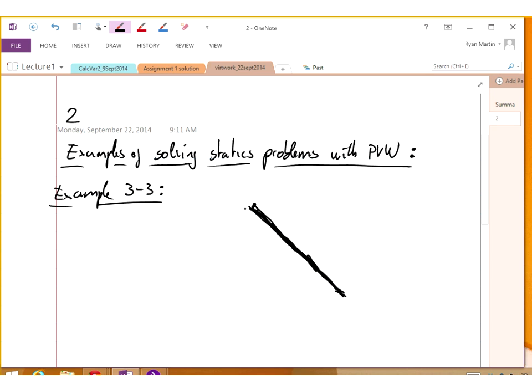It can pivot at a point up here, which we'll use as the origin of our system. So let's have a y-axis going downwards and an x-axis going to the left. The rod has a length of 2 capital L, and it has a mass m. So we have gravity going downwards.